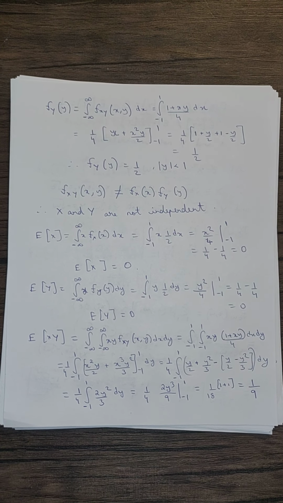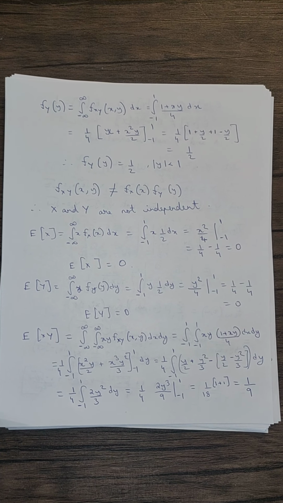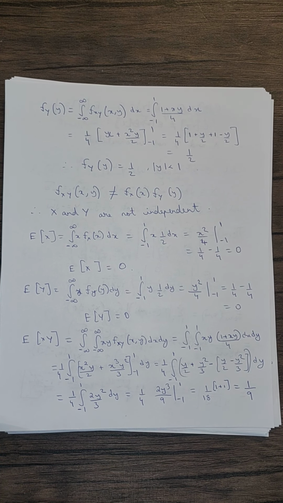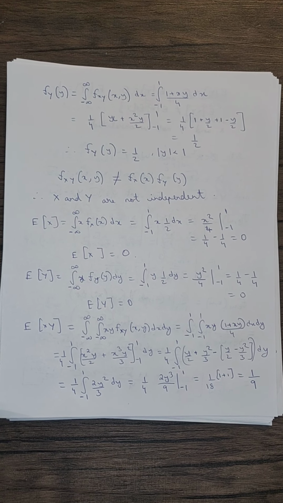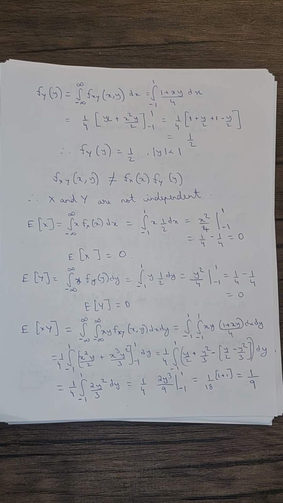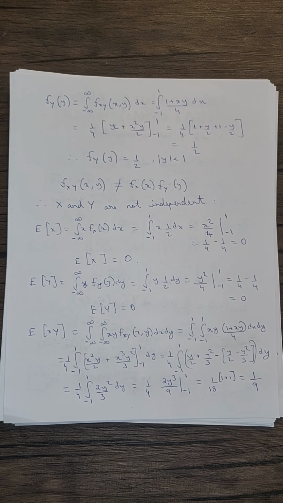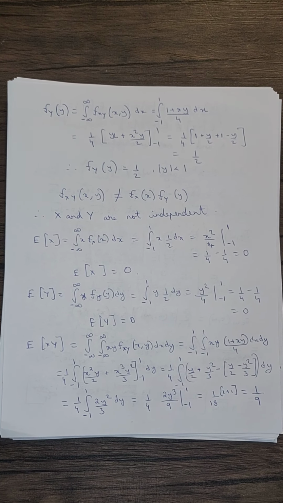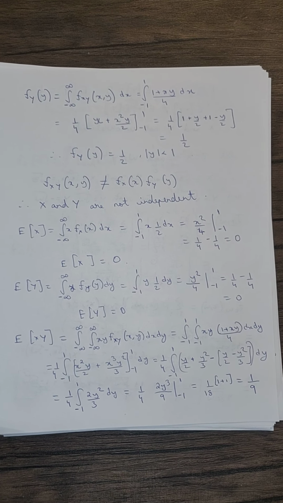Now let's check whether they are uncorrelated or not. Two random variables x and y are uncorrelated if the expected value of xy is equal to the product of the expected value of x and the expected value of y. So first let's calculate the expected value of x.